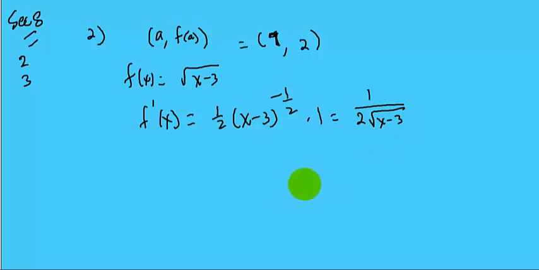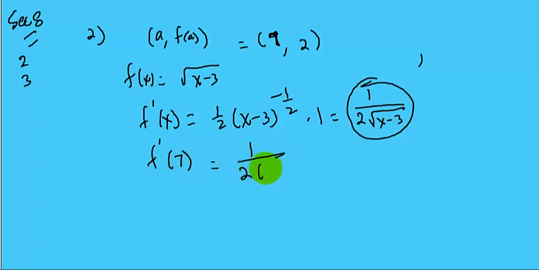This is the slope of this curve at any point. But we're looking for the slope at a specific point, x equal to 7. So you get 1 over 2 times 2, which gives you 1/4.